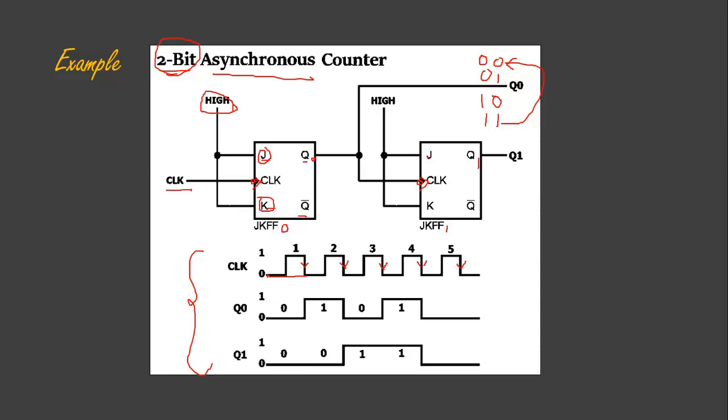When the first negative edge occurred in the clock, at that particular time the input to this first flip-flop, which is FF0, this is the LSB, and this is the MSB.